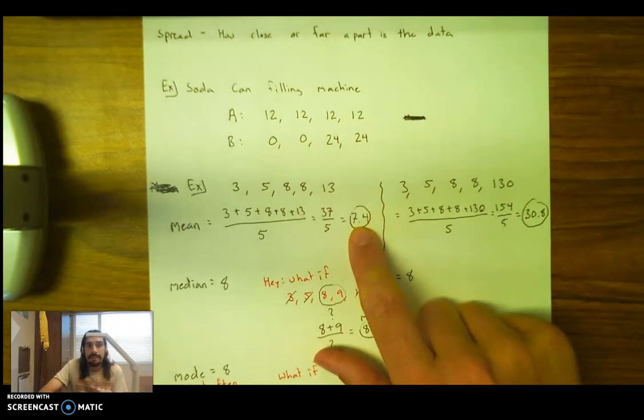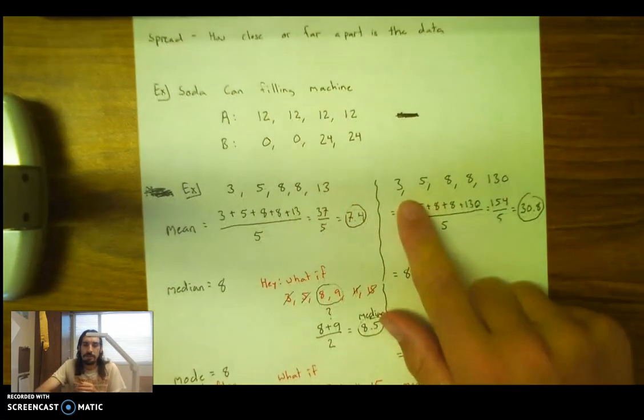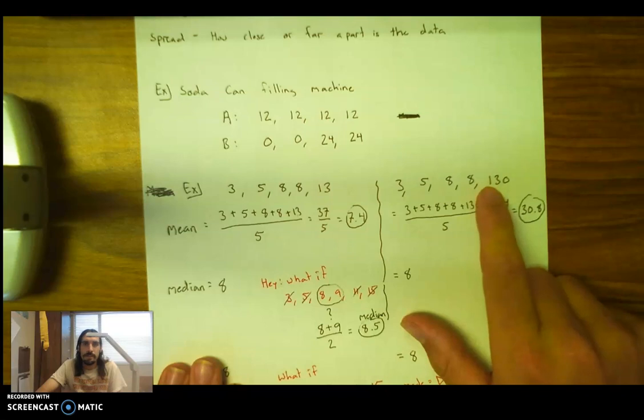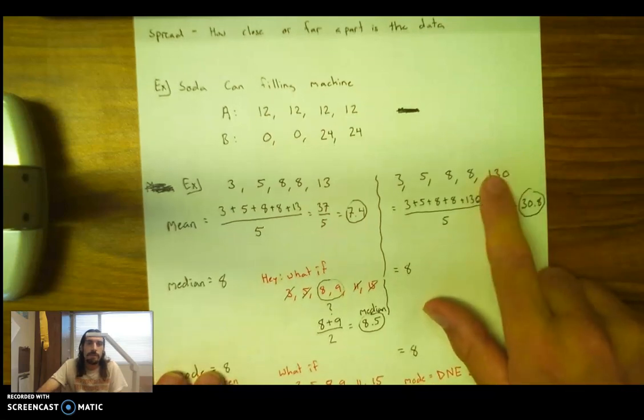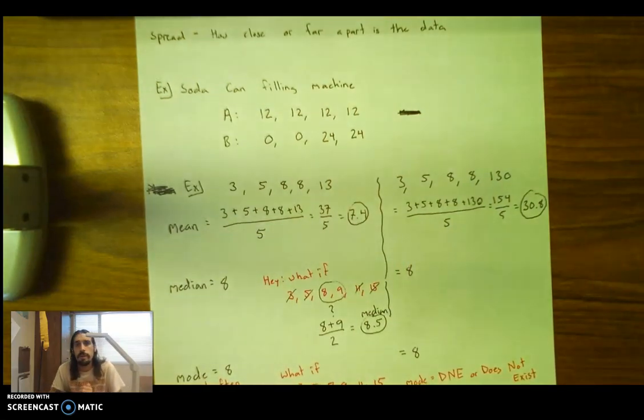In comparison, if we were doing salaries in the Bay Area and you had a bunch of workers at McDonald's, workers at the grocery store, workers at the gas station, oh look, there's Jeff Bezos. Oh look, there's Zuckerberg. Oh look, there's Bill Gates. You start throwing a couple of those outliers in there, they're going to heavily skew the data. If you have numbers really far away from your data, we jump down to the median as our default. We're going to unpack exactly when we use each a little bit more, but that's just a little reference there.